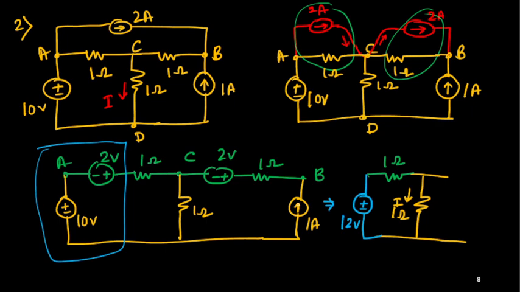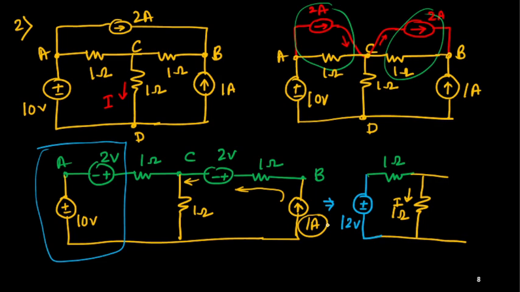This is a pure current source. This 1 ampere is a pure current source. If anything is connected in this branch, here 2 volt, 1 ohm is connected, so what will be the current coming here? Again 1 ampere, because there is no more branching.